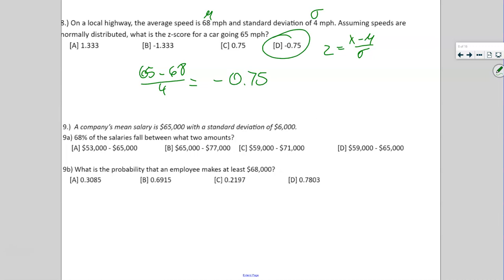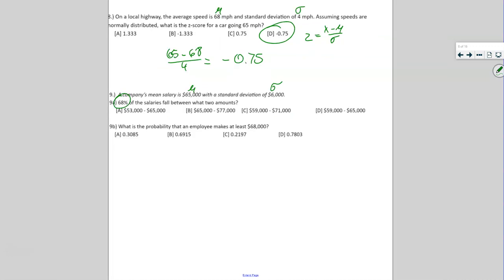Okay. Question 9. A company's mean salary is $65,000 with a standard deviation of $6,000. Part A is asking 68% of the salaries fall between what two amounts? So I've got to make a graph of the empirical rule. Again, I start with 65,000.